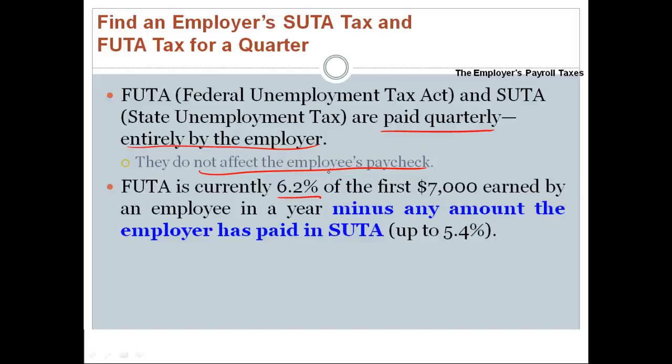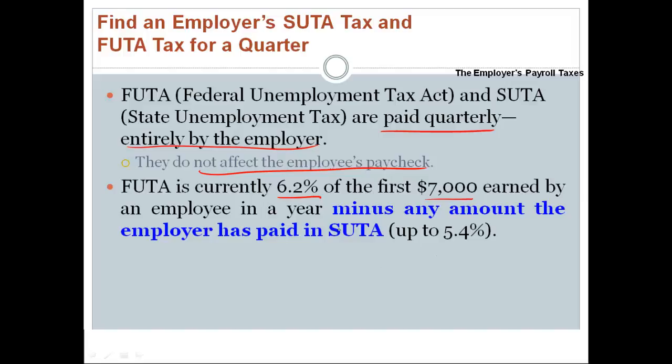Currently, the federal unemployment tax is 6.2% of the first $7,000 earned by an employee in a year. So they only have to pay 6.2% of 7,000 on each employee, and if you never get up to 7,000, then they only pay what you get up to. But anything over 7,000, then they don't pay anymore.